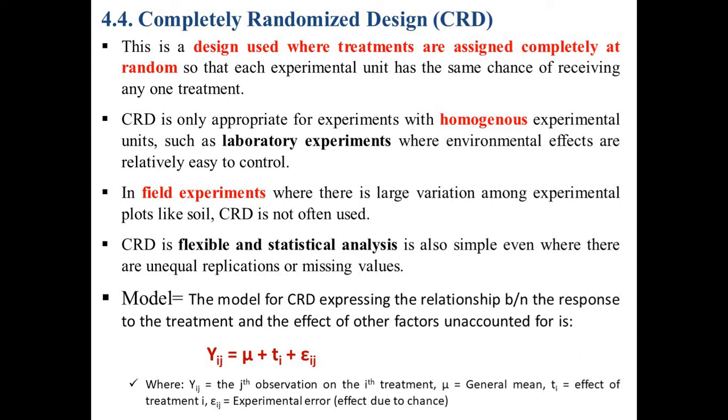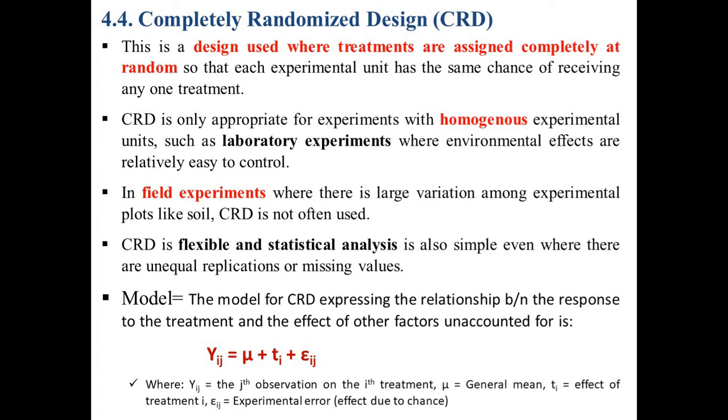The CRD is flexible and the statistical analysis is also simple, even with unequal replications or when one observation or treatment is missing from the total observations. In such cases, the analysis for CRD remains simple.